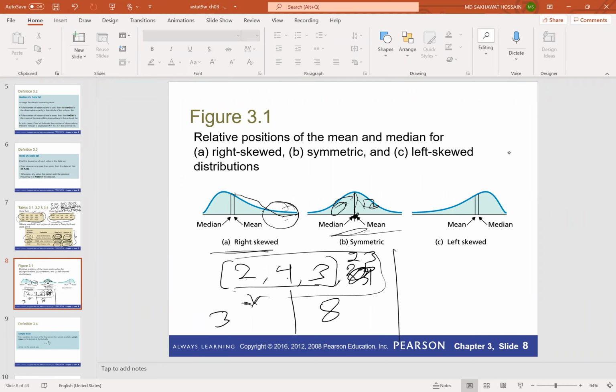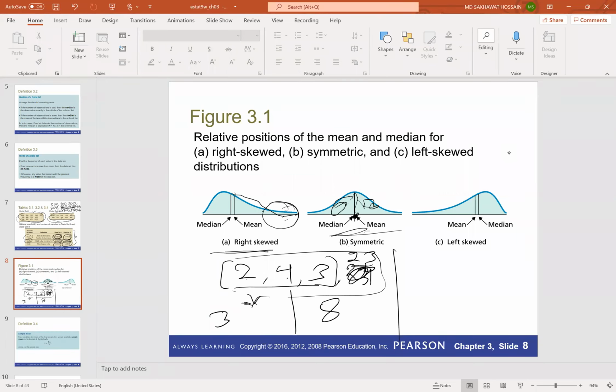So when we have only 2, 4, 3, the mean was 3, right? And when we add 23, which is an outlier because it is not consistent with the other values, the mean shifted to the right. So we have an outlier at the right, and that's why the mean shifted to the right.